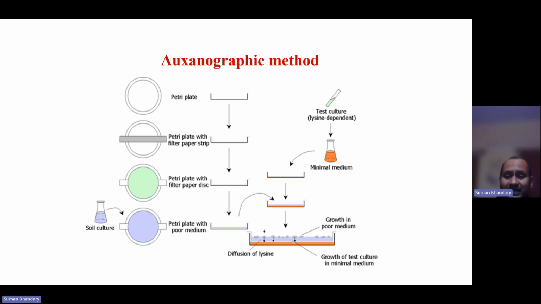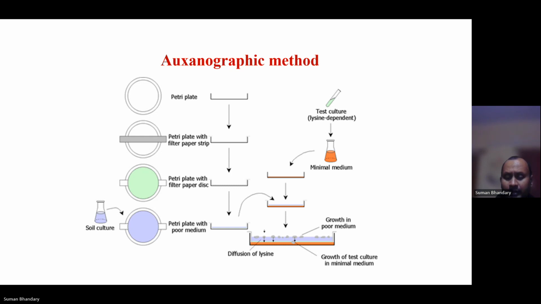They release lysine, which diffuses through the agar medium and enters the second plate, and now the test culture will grow. Such colonies are isolated, purified, and stock cultures are prepared, which we can use for the production of lysine industrially. But a further screening process is required, just to check whether they can grow on a large scale or not.